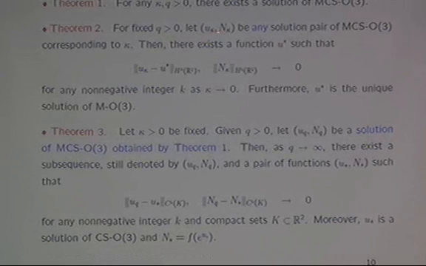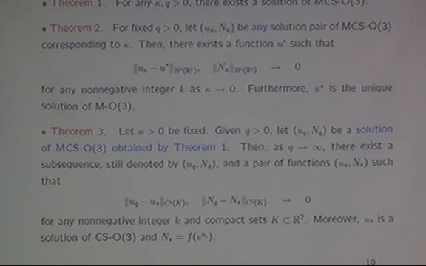If we write u kappa and w kappa and N kappa be any solution pair for the Maxwell-Chern-Simons O3 model, then we can find the function u star, which is the unique solution of the Maxwell-gauged O3 sigma model, such that u kappa tends to u star as kappa goes to 0 in any Sobolev norm. So we proved the Maxwell limit for arbitrary solutions.